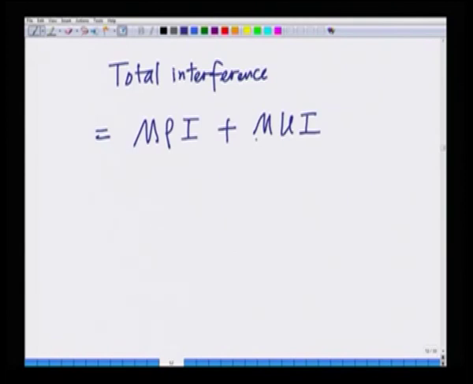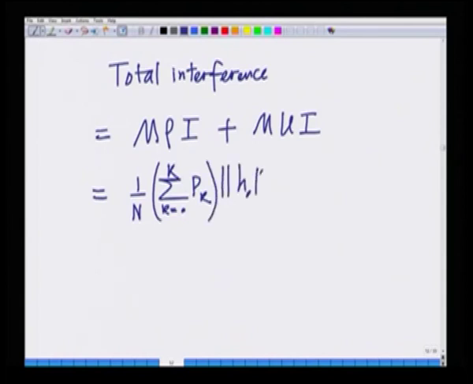So, total interference power is MPI power plus MUI power, which is nothing but summation 1 over n, k equals 0 to capital K, summation p k into norm h 0 square, minus 1 over n p 0 h 0 magnitude square.